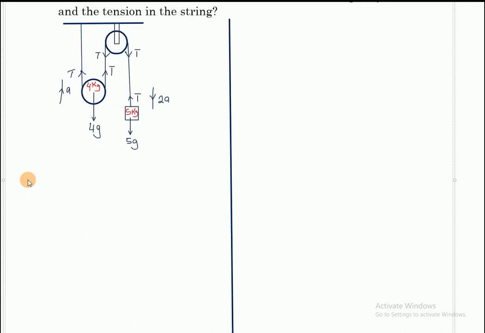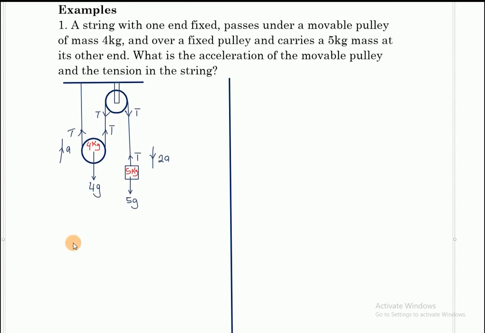So what we are going to do, we shall consider the motion of each movable object. We have the 4 kg pulley which is moving upwards, and this one moving downwards. So we start from the pulley. Consider the motion of the pulley.